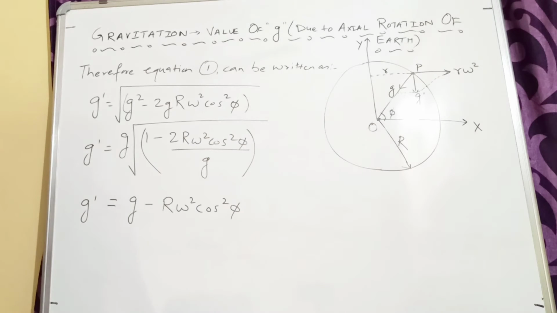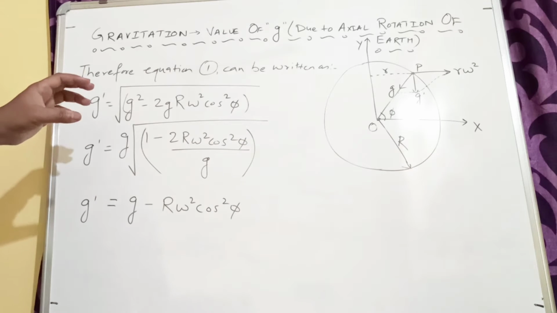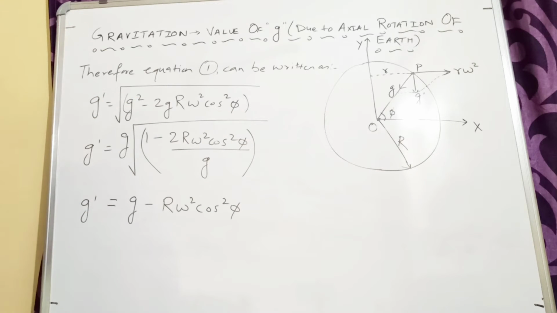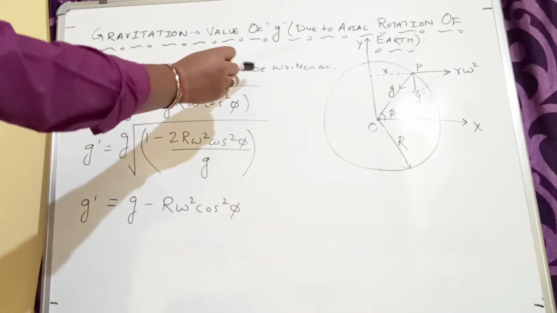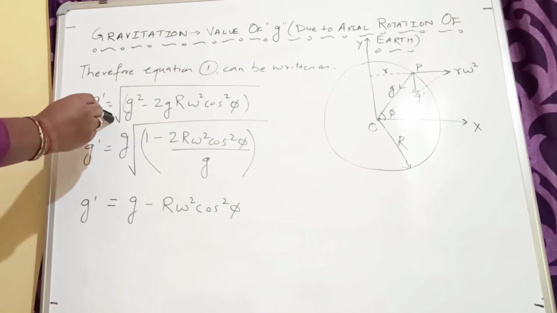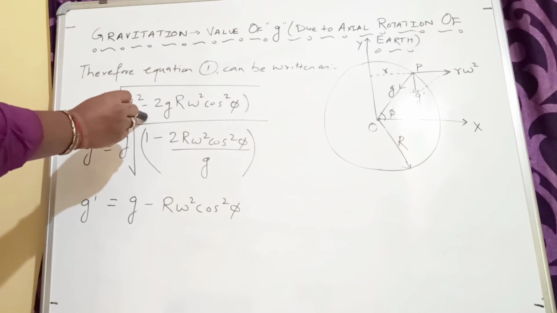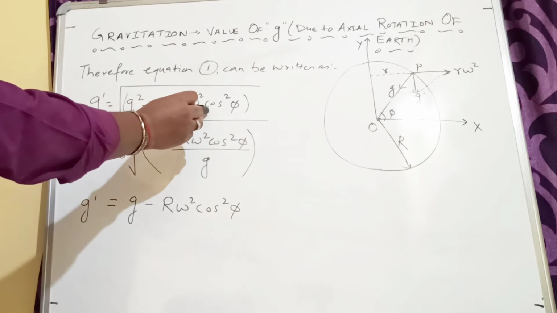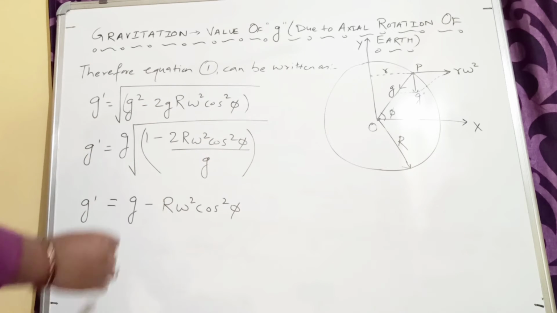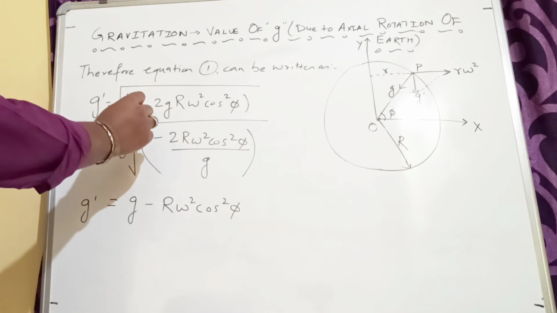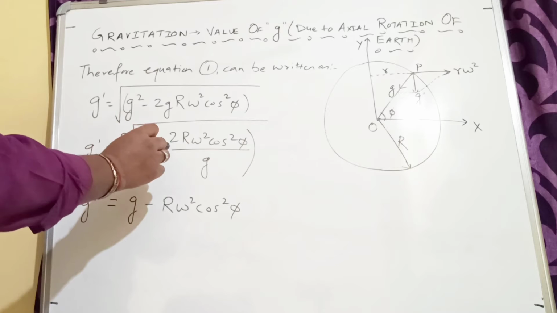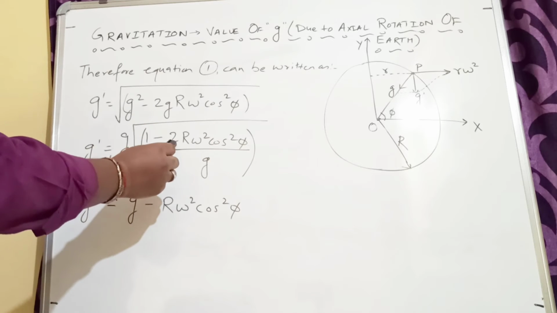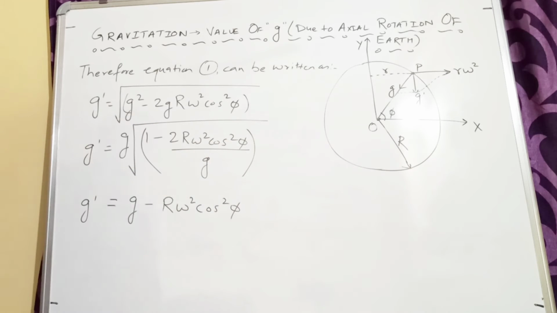So after simplifying and ignoring the small terms, equation 1 can be written as g dash equals g under root 1 minus 2 R omega square cos square phi upon g, taking g common.